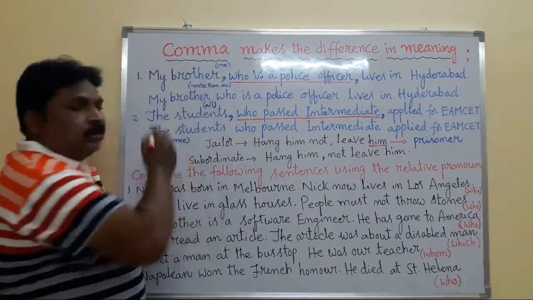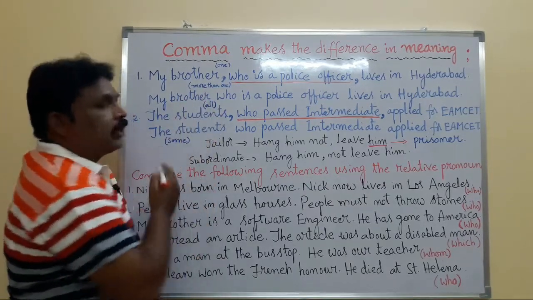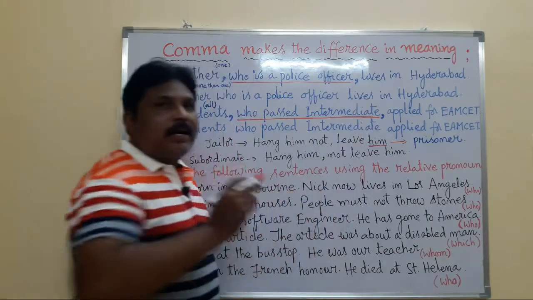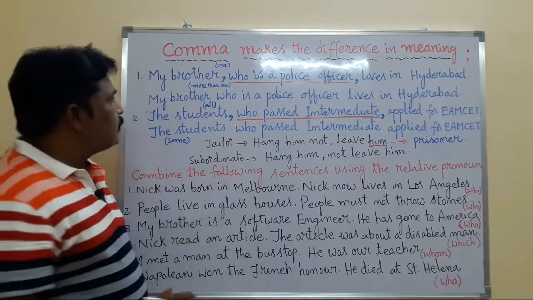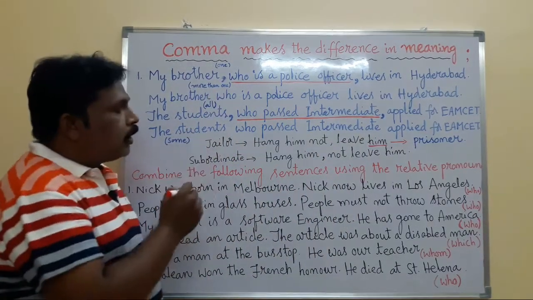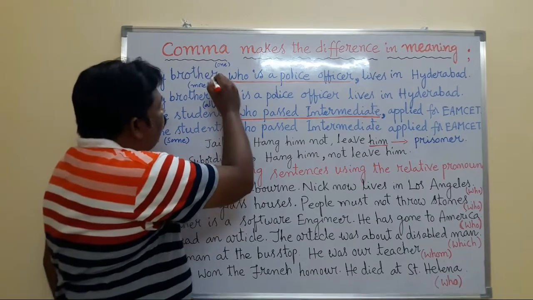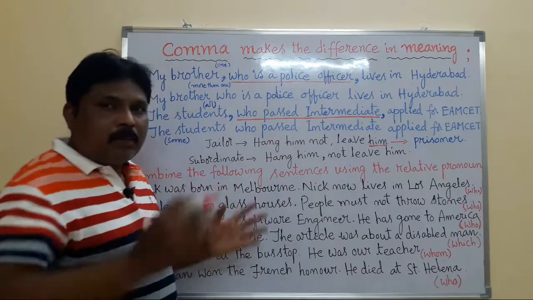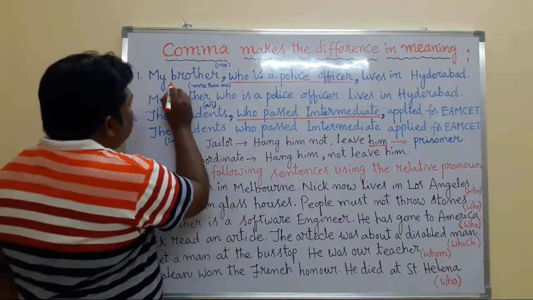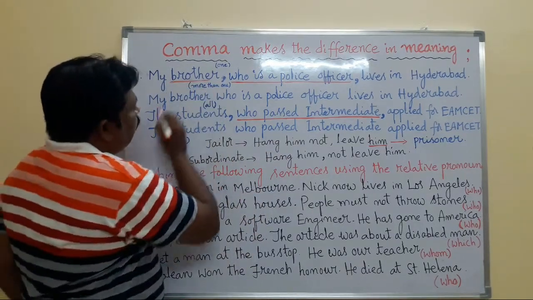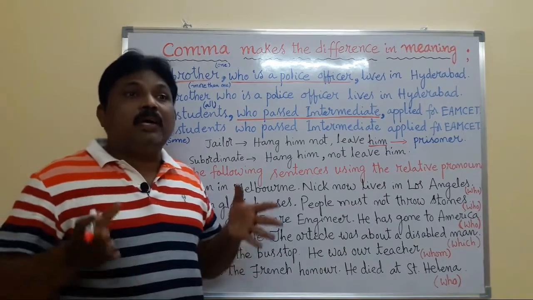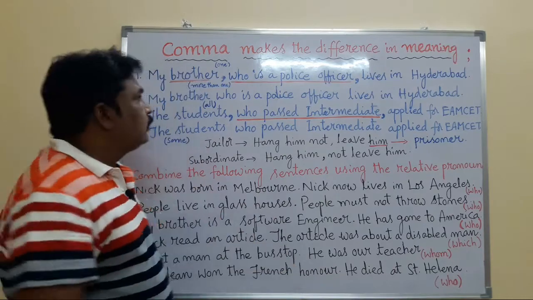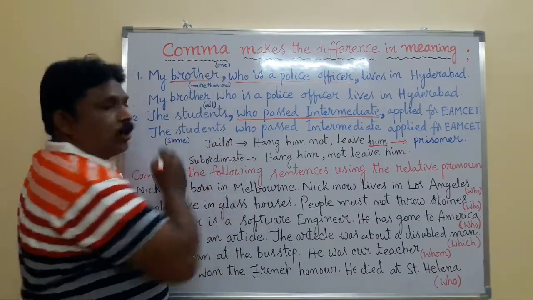Okay. First, let us see the first sentence. My brother, comma, who is a police officer, comma, lives in Hyderabad. Its meaning: whenever there is a comma after this antecedent, when the relative clause is separated by commas, here this antecedent noun, my brother, indirectly the speaker lets the readers and the listeners know that I have only one brother.